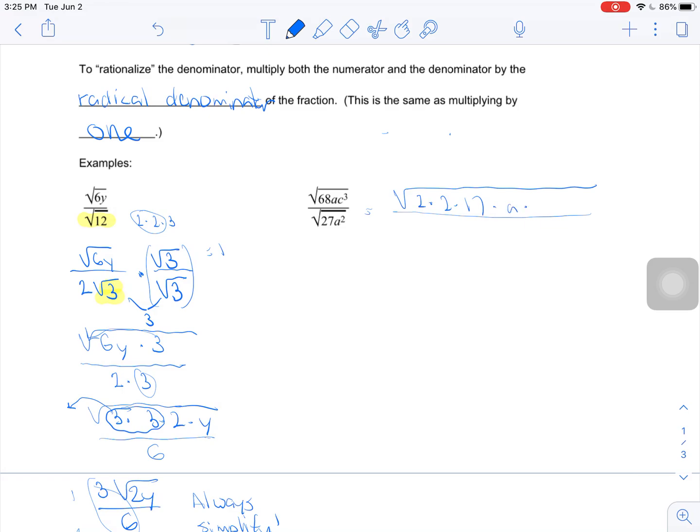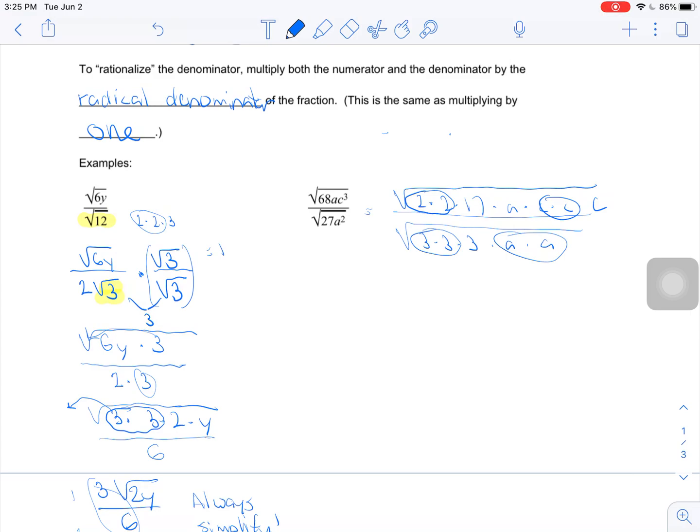It's the prime factorization, times a times c times c times c. So there's the top. We can see there's a couple of perfect squares we're going to be able to pull out of that. And then the bottom, 27 is 3 times 3 times 3, times a. Again, I've got a couple of perfect squares that I can pull out of that.